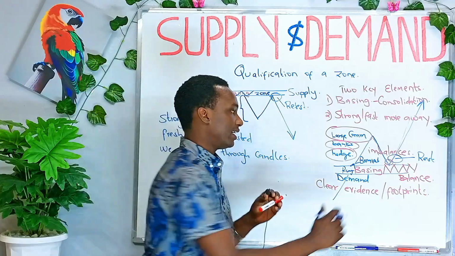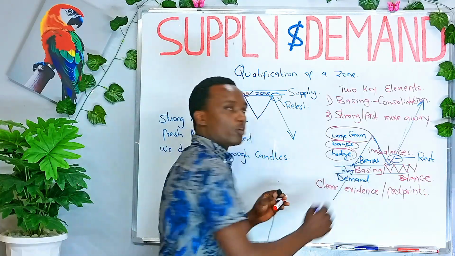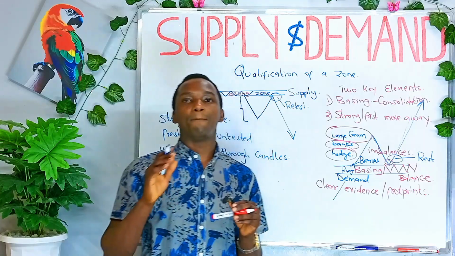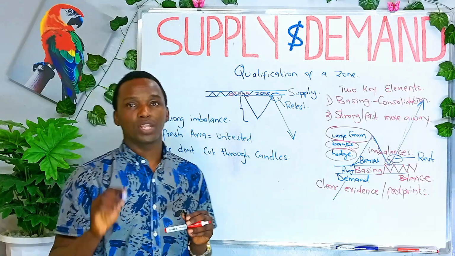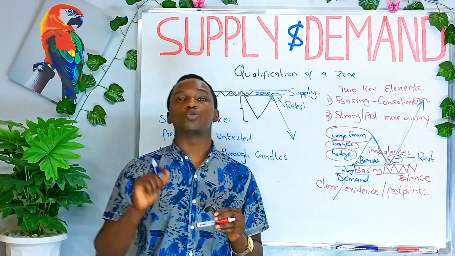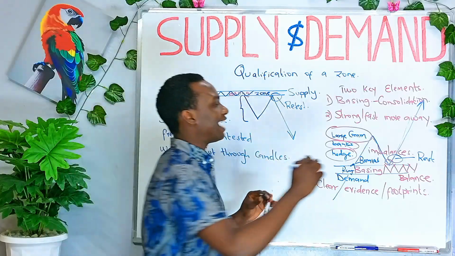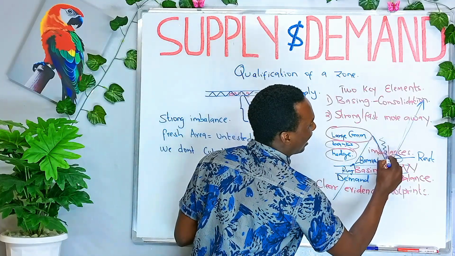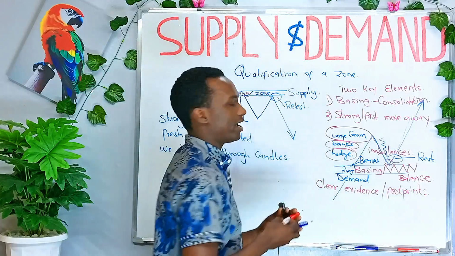Okay, here in the demand zone you will find that many buyers will buy that price. This will cause the price to shoot up, leaving unfilled orders. The imbalance here will leave unfilled orders there.